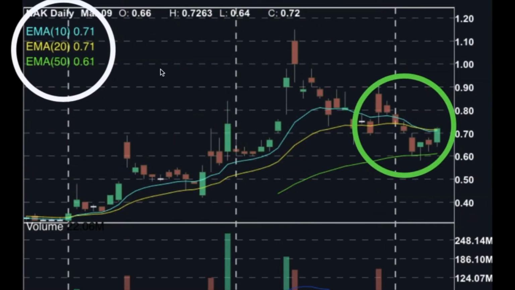As you can see in this video, we're going to be working with a 50-day EMA, a 20-day EMA, and a 10-day EMA. Obviously the green, yellow, and blue lines correspond here. So here we have the open price of the day, the high price of the day, the low price of the day, and the closing price of the day.